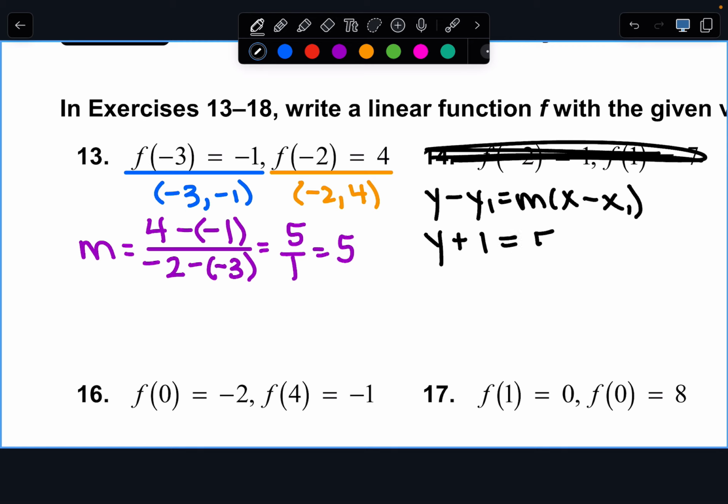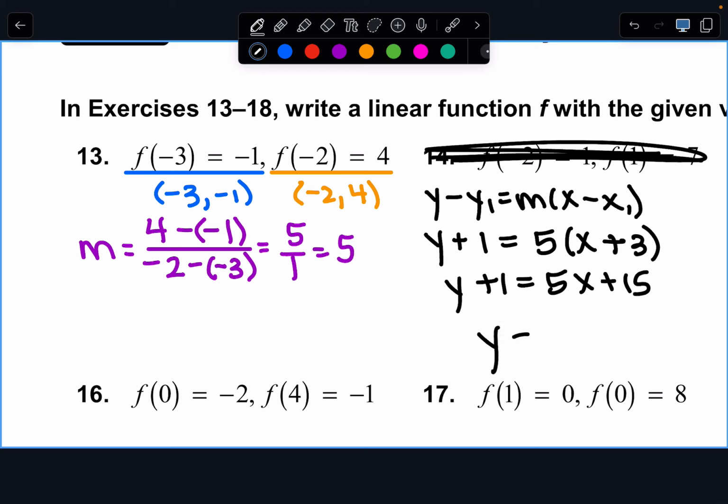So y equals 5x plus 5. How do you switch it to a positive? Because this would be y minus -1.